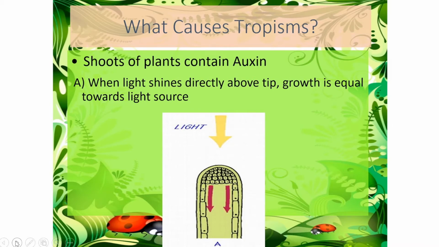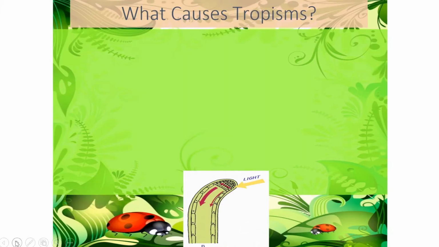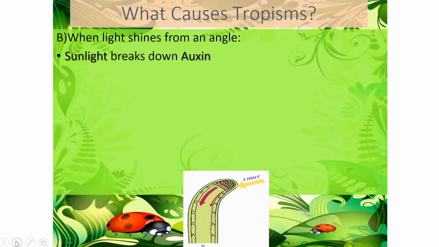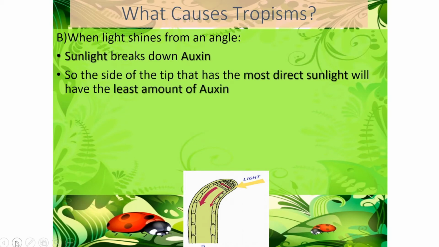Shoots of plants contain auxin. When light shines directly above the tip, growth is equal in all of the plant cells, and they will grow upwards towards the light source. When light shines from an angle, sunlight breaks down the auxin on the side closest to the light, so the side of the tip that has the most direct sunlight will have the least amount of auxin.